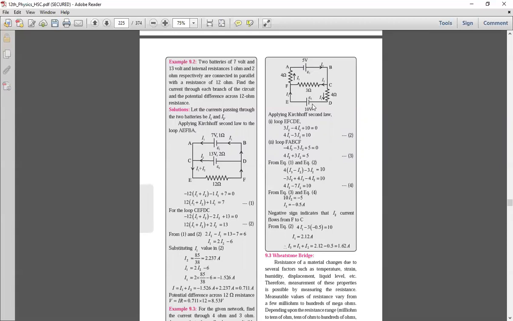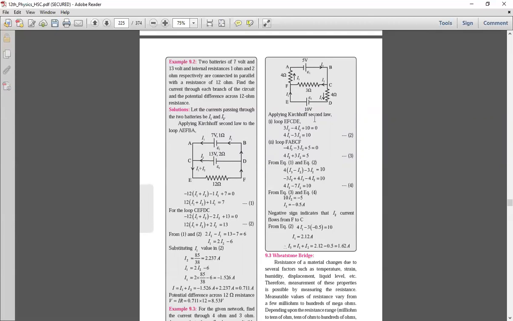Here it is positive, here it is negative. Here two cells are together, there two cells are separated by this resistance. So there is no difference in both the circuits. The only difference is that the terminals of both the cells are opposite.